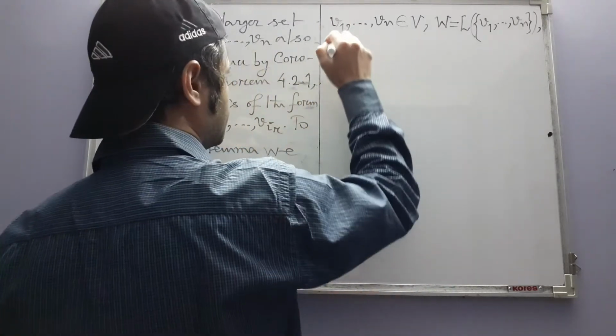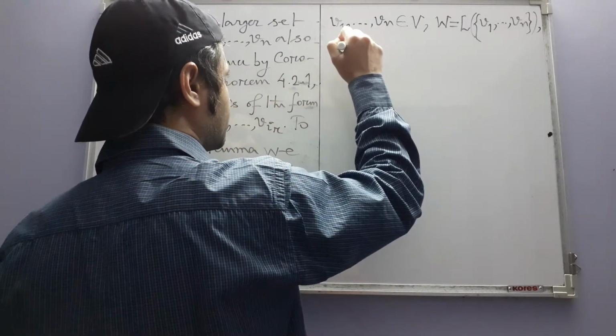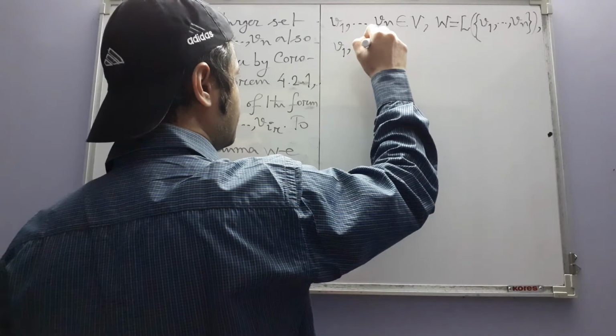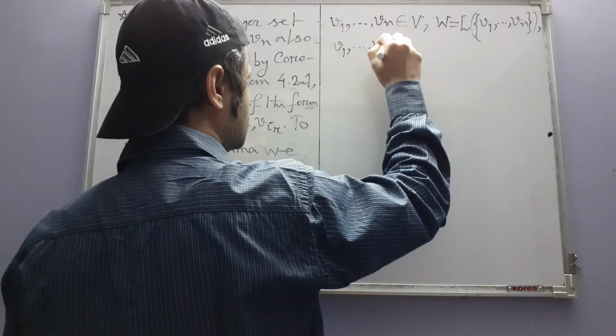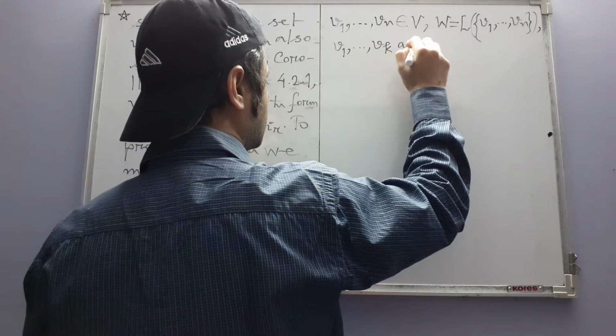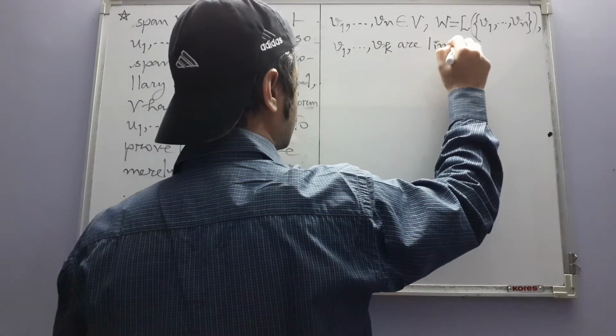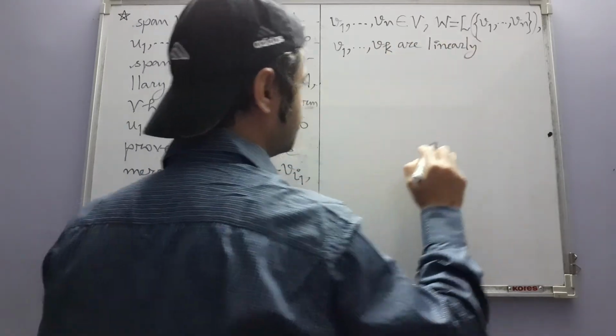Additionally, what is given is that the first k vectors in this list are linearly independent. That is given.